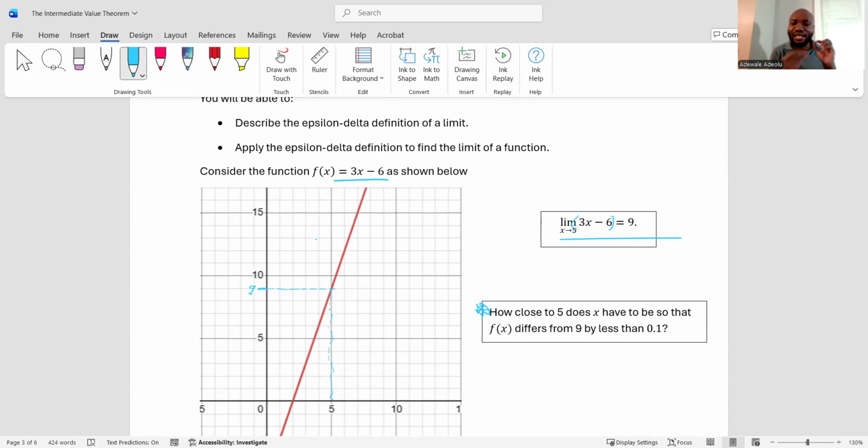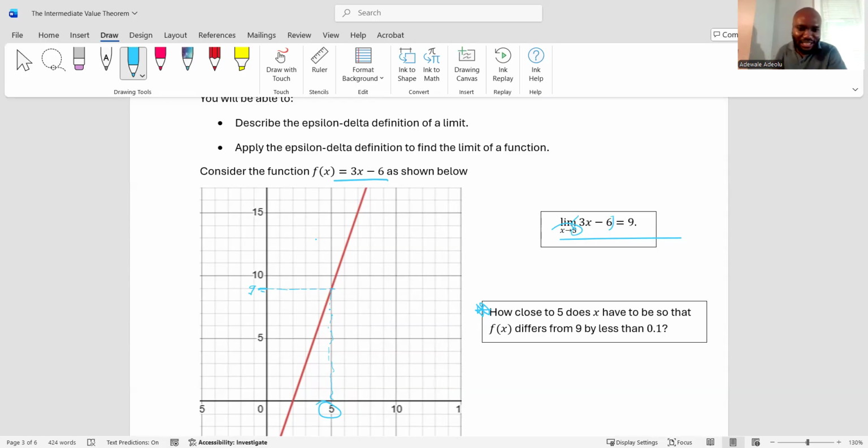Remember, the closer we have that value to 9, the finer our answer becomes. And that only happens as we get closer and closer to our a value here.